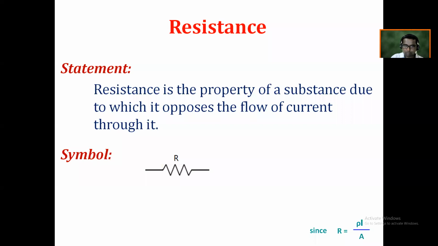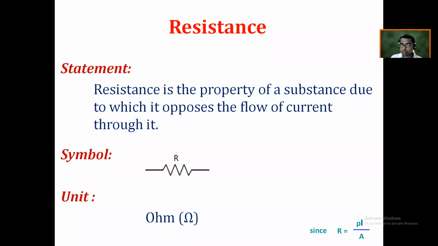That's why the symbol is just like a speed breaker, and the unit is also named after a scientist, Ohm. And if you see the symbol for that unit, you can observe that it is also just like a speed breaker. This is my way to remember this concept.